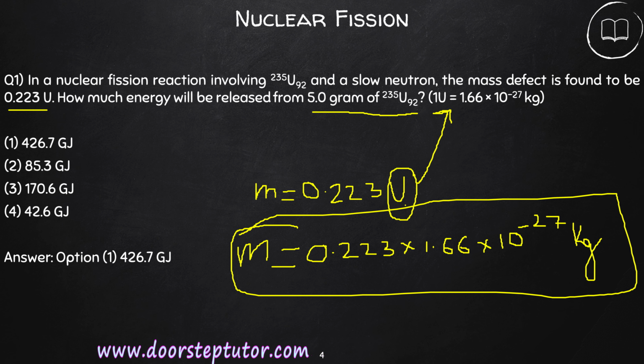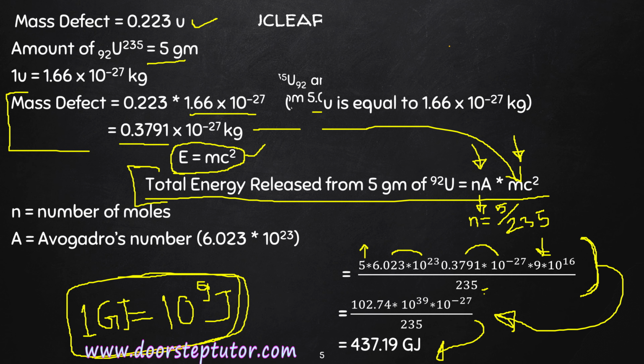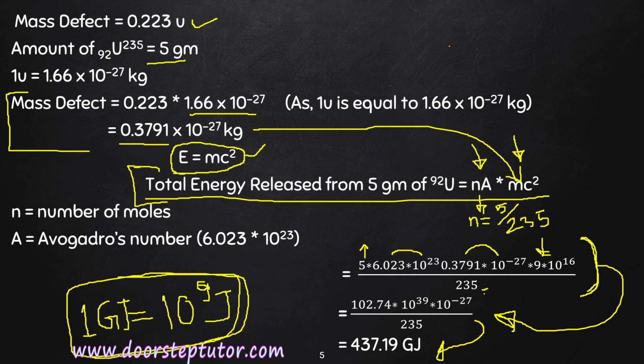So let's see how we'll solve this question, by multiplying this, the mass defect will be this.